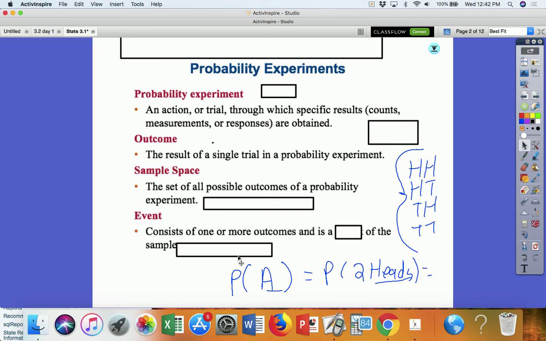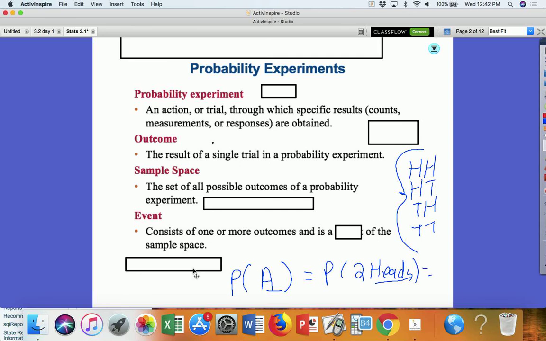But this guy here is an event. So an event consists of one or more outcomes. And the event must be like a subset of the sample space.